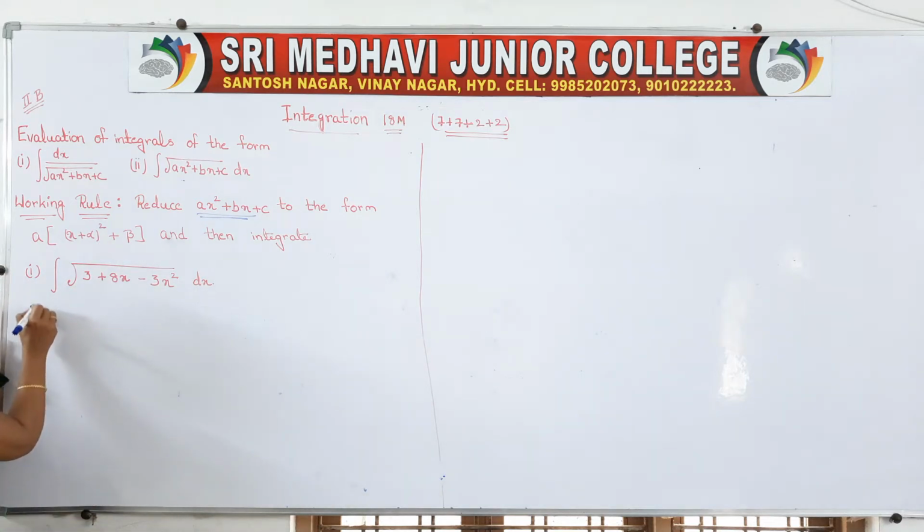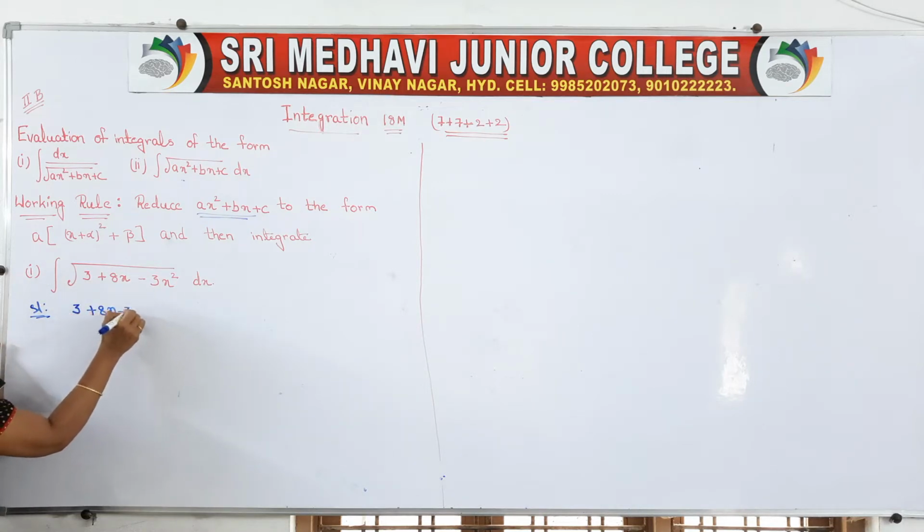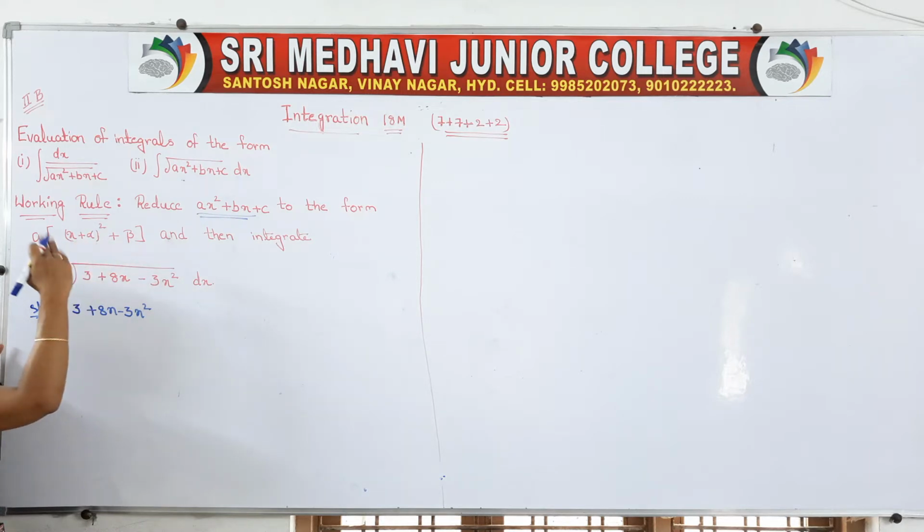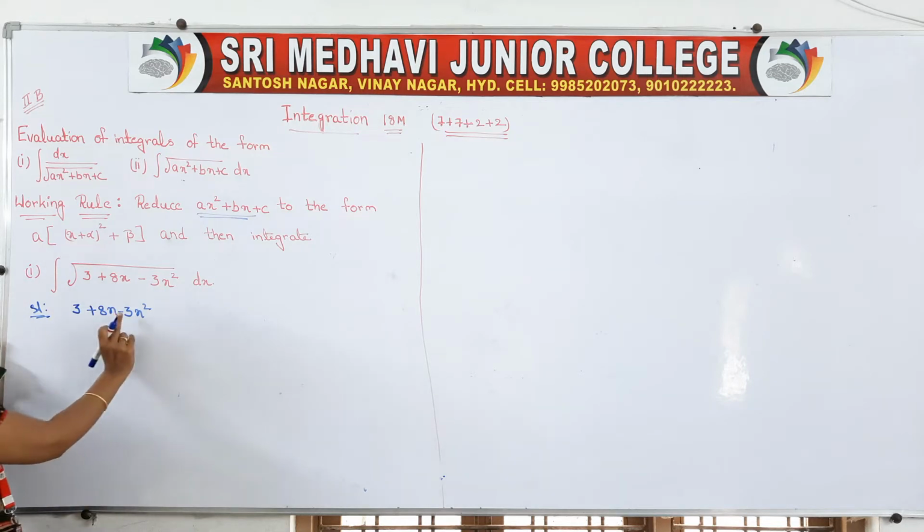What is the given value? 3 plus 8x minus 3x square. We have to reduce that into the form x plus alpha whole square, which means the x square term should be positive. If you observe here, your term is negative.